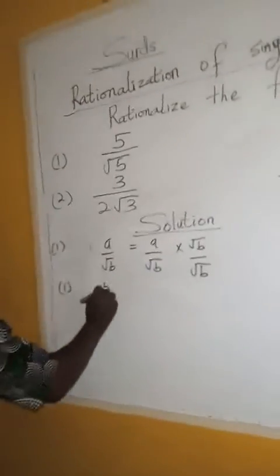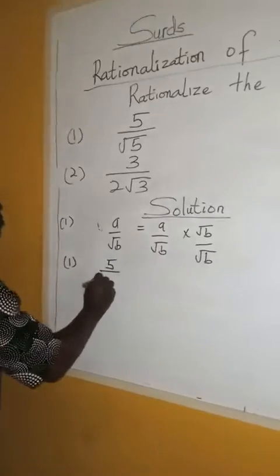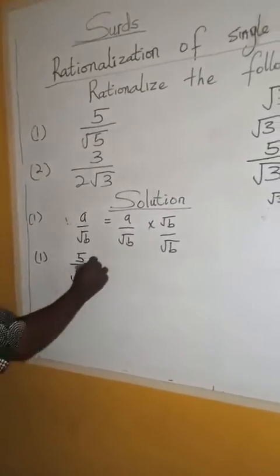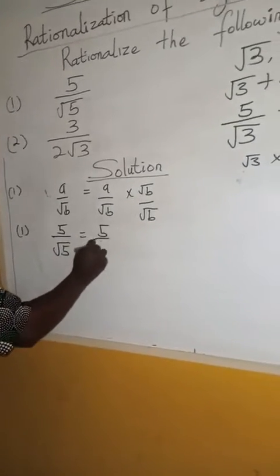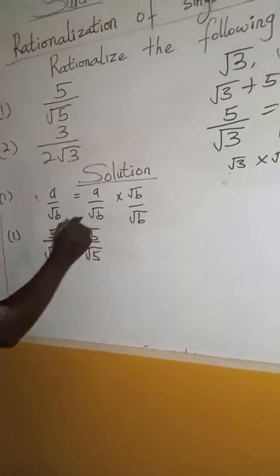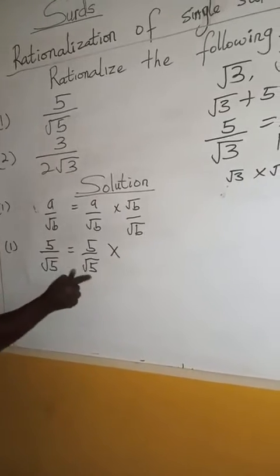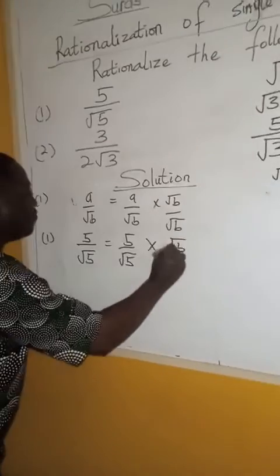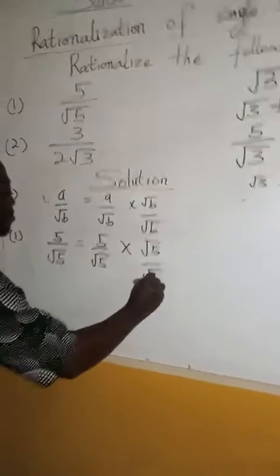So 5 over root 5. To make this calculation less cumbersome, we have to multiply this surd by root 5. So times root 5 over root 5.